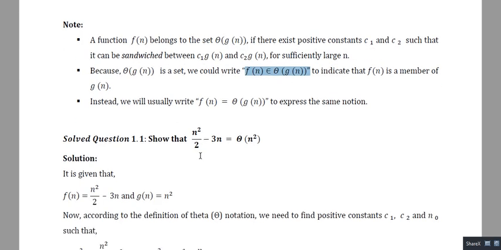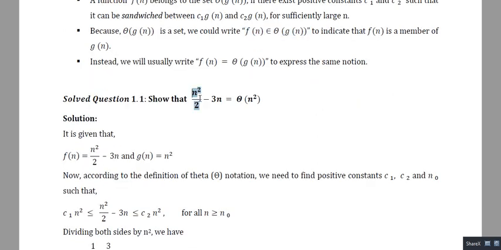So we shall take a very simple example. We have to prove that n square by 2 minus 3n is equal to theta of n square, right? So how to prove this? Clearly this will be our f(n) and this will be our g(n). So we have to prove that f(n) is equal to theta of g(n).